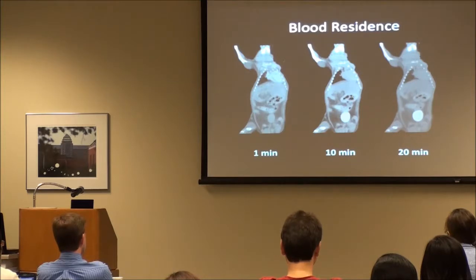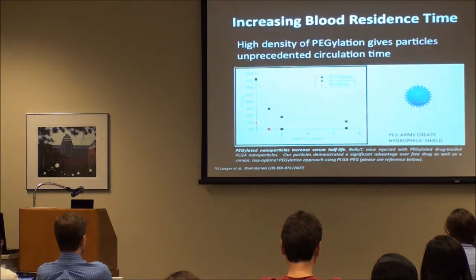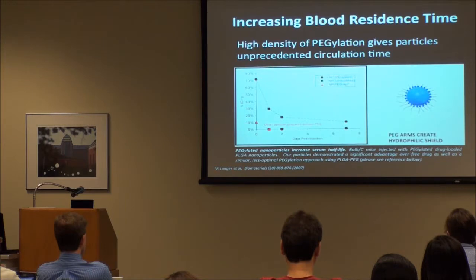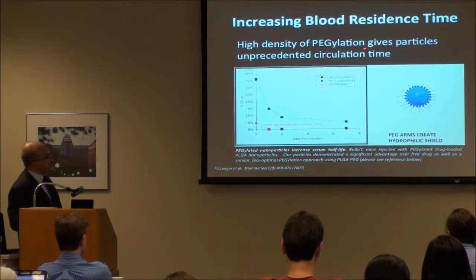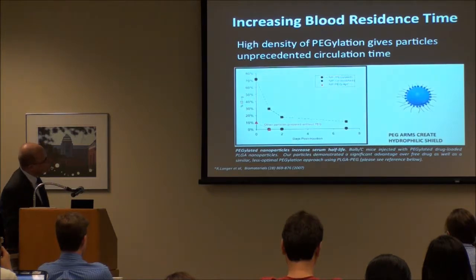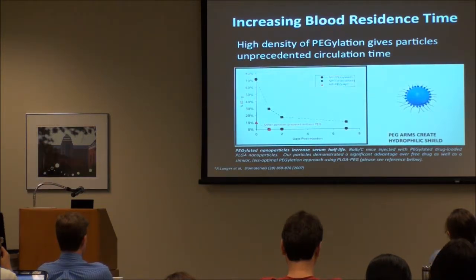Therefore, we have been trying to develop new agents for CT imaging with increased blood residence time. This we can achieve by the so-called pegylation process. We were able to attach PEG to our gold nanoparticles, which improves the blood residence time.